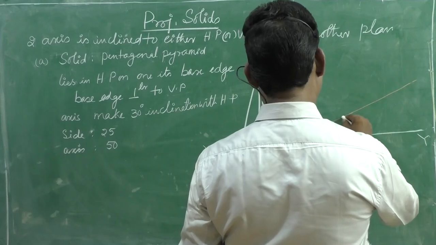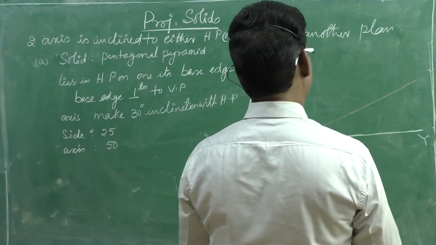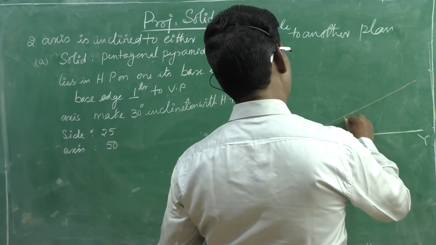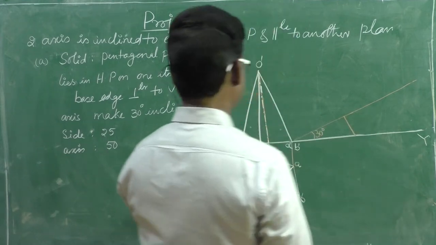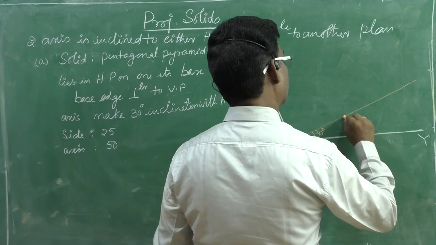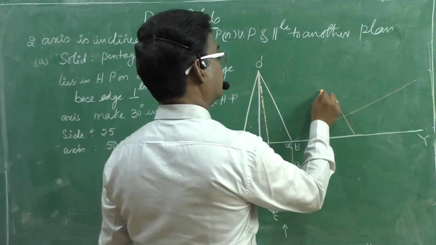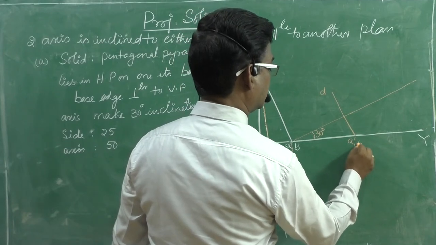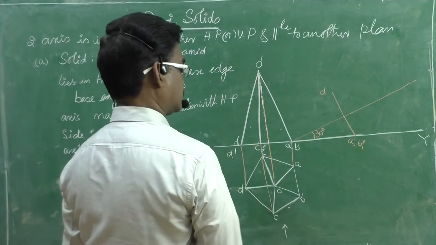Let it be that this distance is obtained at this position. After that, this length we need to draw. And this is D, and this is A1 dash, B1 dash. That one indicates first stage projection.